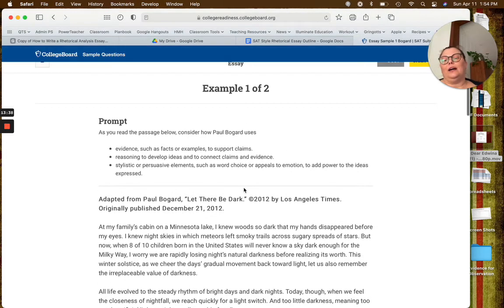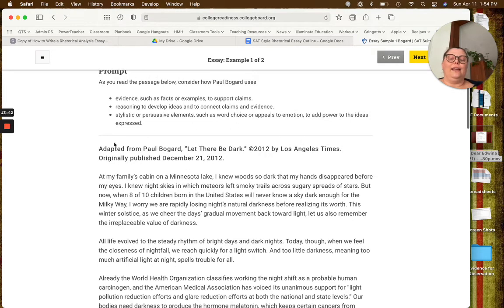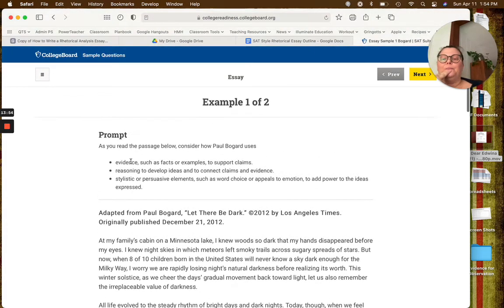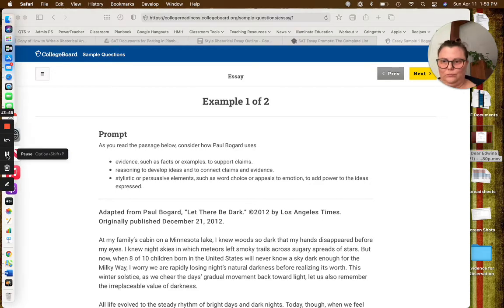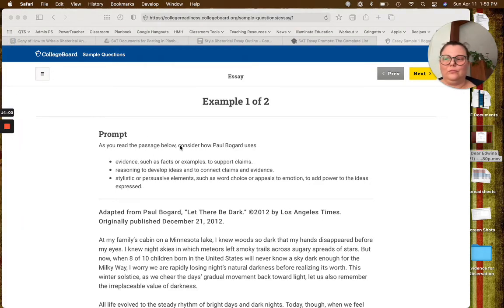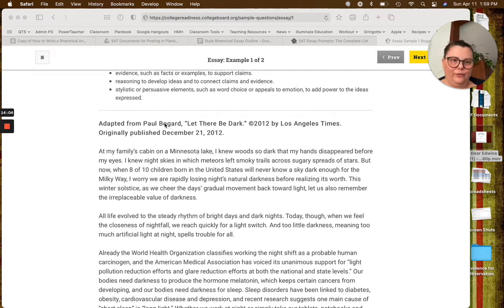Okay, now at the beginning you get the author, the audience, what mode it is. It gives you the background information here, as I was saying.